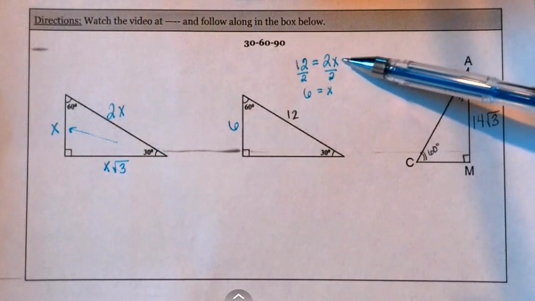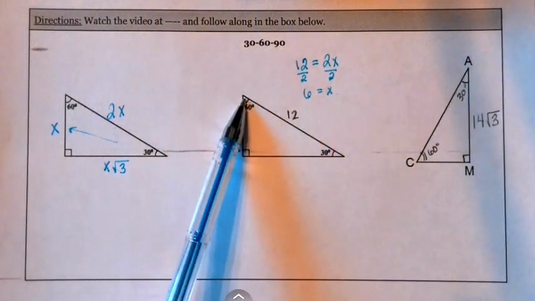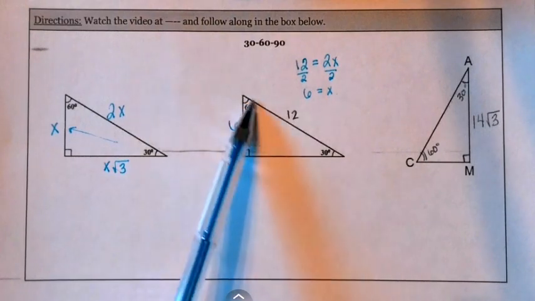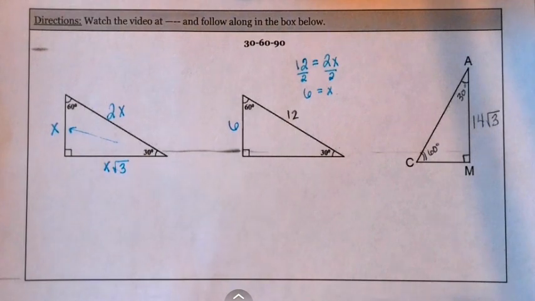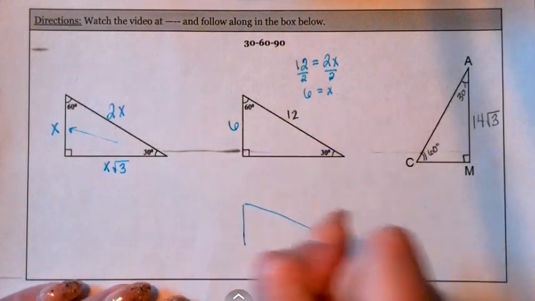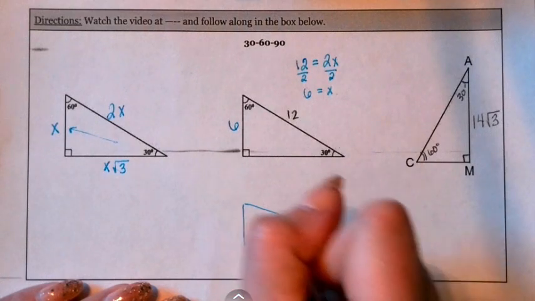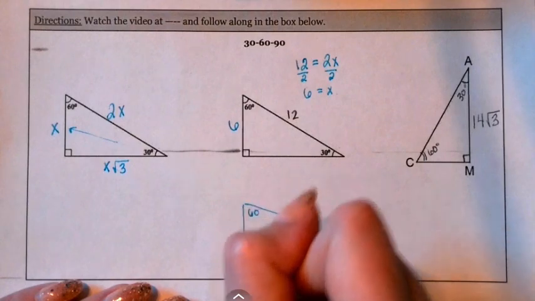You might not have to set up this equation. If you know that the hypotenuse is always double the shortest side, and this is 12, well, half of 12 is 6. Let's talk about another example down here. Let's say I have the same triangle, or the same angle measurements for a triangle. Sorry, so this is 30, this is 60, and this is 90.